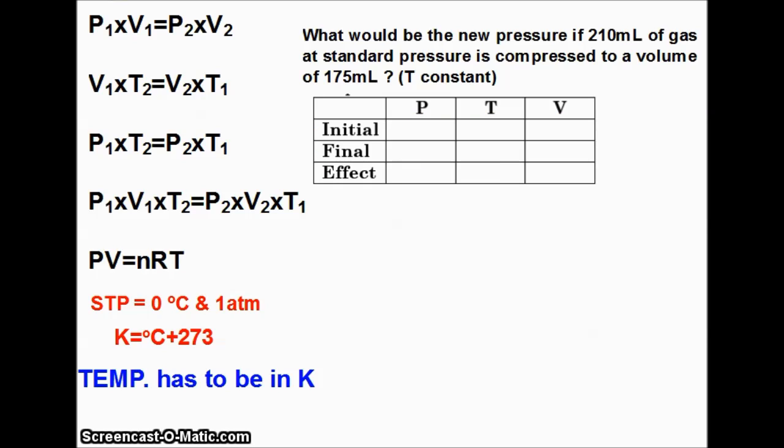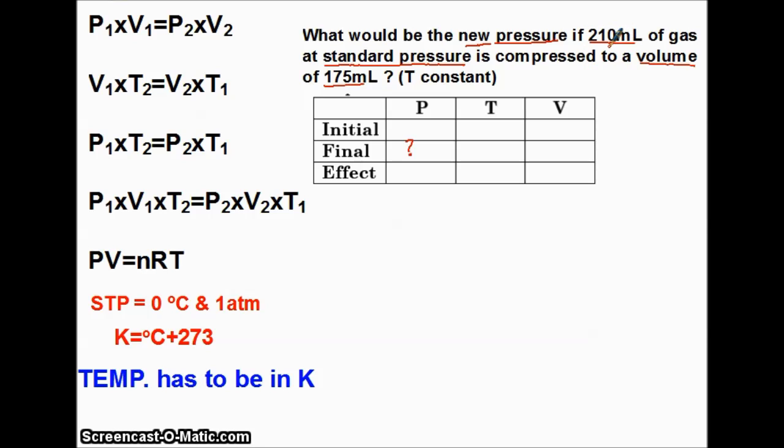Okay, so in the first sentence it tells us what we're looking for in this problem. It says, what would be the new pressure? The new pressure is going to be the final pressure, the after. That's what we're looking for. Then it says, if you take 210 milliliters of gas at standard pressure and compress it to a volume of 175 milliliters. So what we should realize is the 210 is a volume.